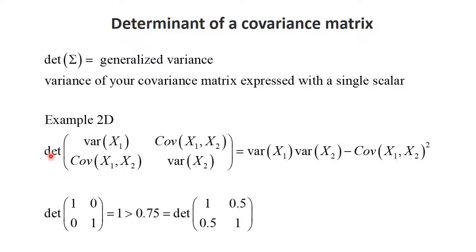So in the 2D example, we can establish that the determinant is simply a product of variance, but then corrected for covariance. So this is a measure of variance of the correlation matrix, and that's something we'll be using later when we're determining what an outlier is.